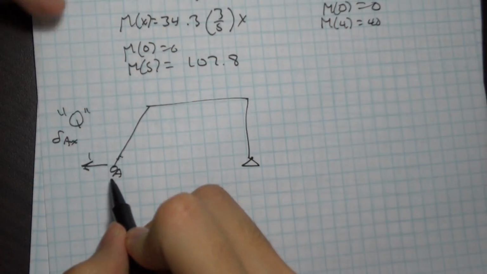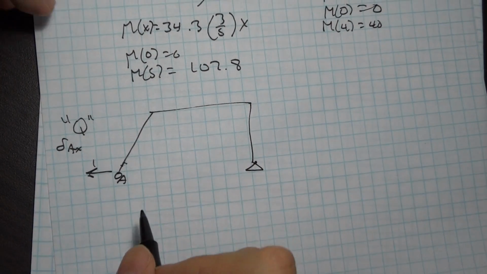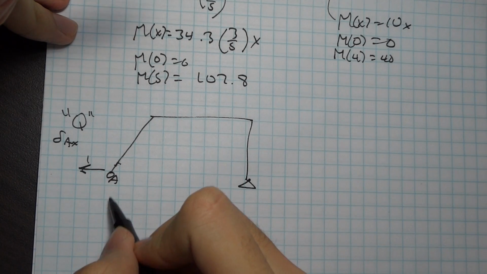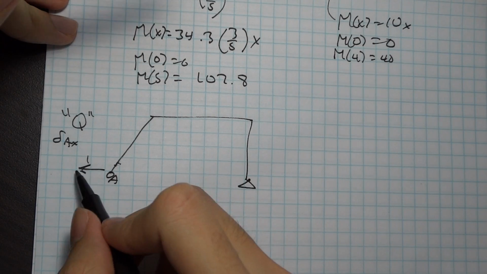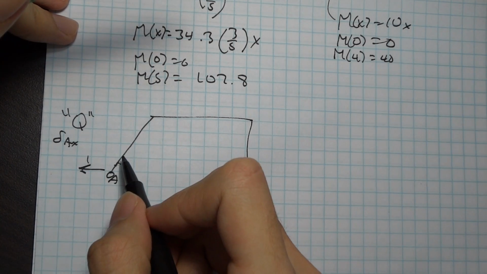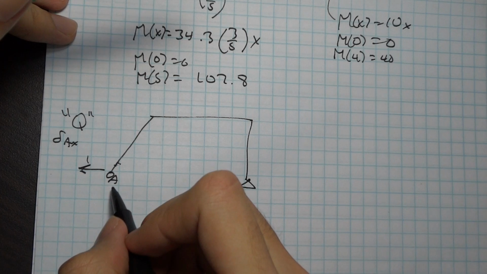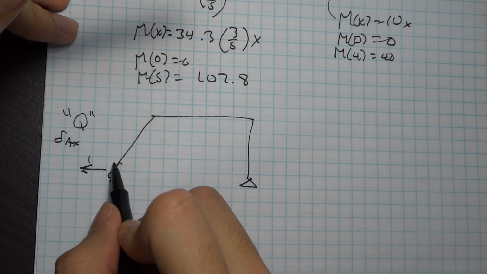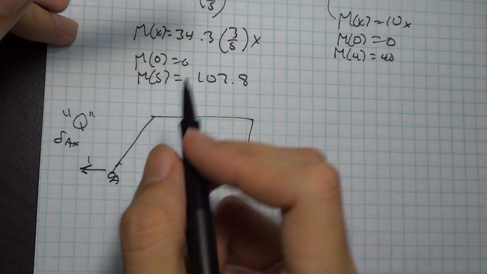For example, the vertical reaction right here is going to be 0. And you might say, well, how do you have a vertical reaction here and a horizontal reaction here and an axial force in here that results in a vertical force of 0? You see what I mean? So your axial force that develops in here is going to be 0.6.